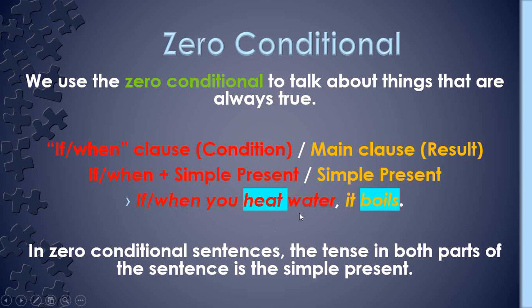The condition for what? For the main clause. If this happens, this is the result. If you heat water, what happens? The water boils. And all of the verbs are conjugated in simple present tense. Heat and boil.